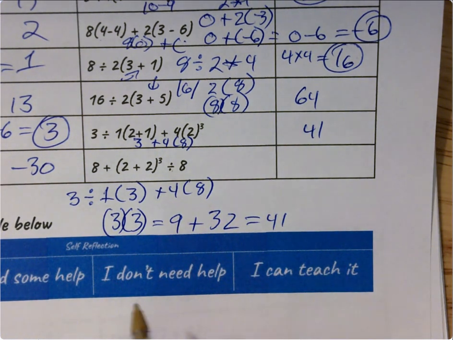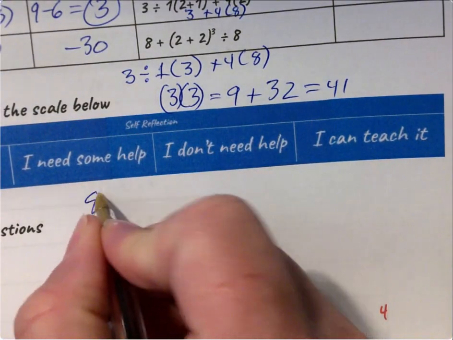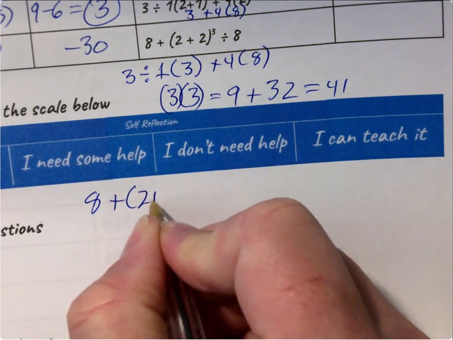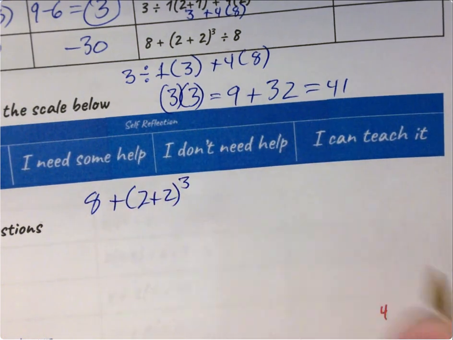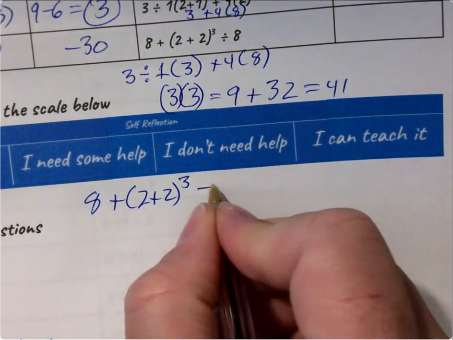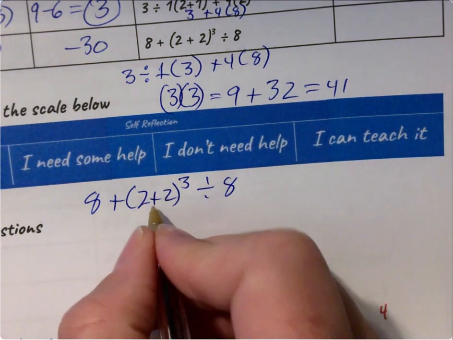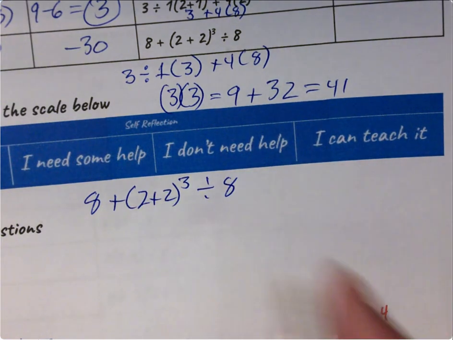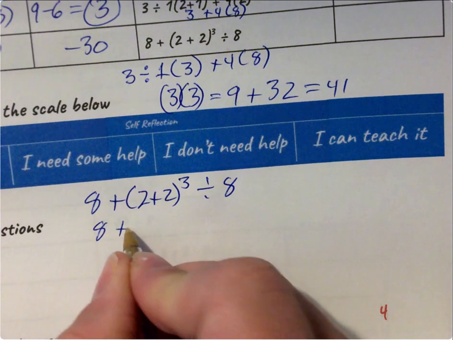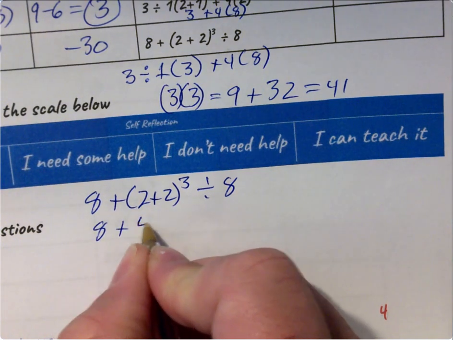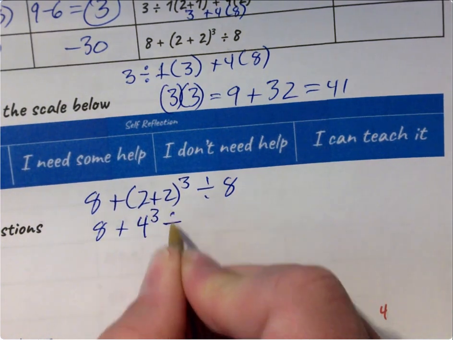Our last problem here is 8 plus 2 plus 2 cubed divided by 8. We're going to do what's inside the parentheses first, which is adding 2 plus 2. So now we have 8 plus 4 cubed divided by 8.